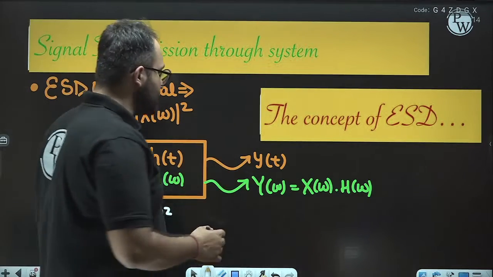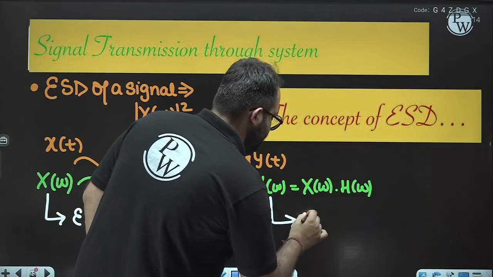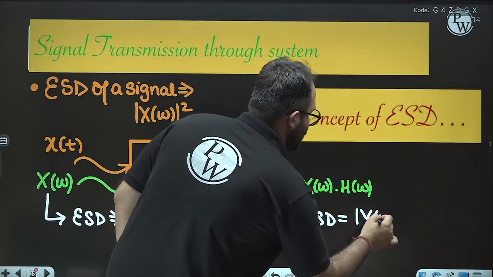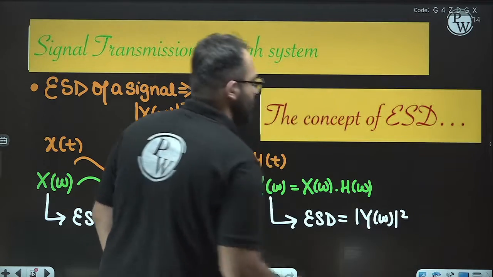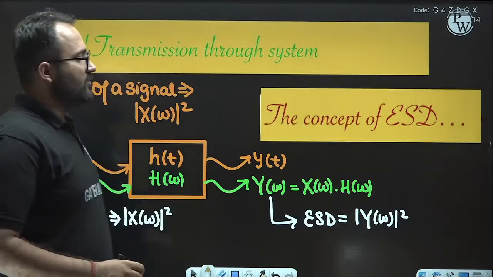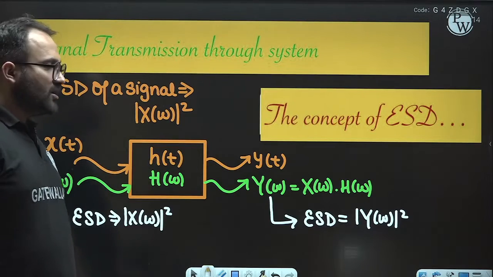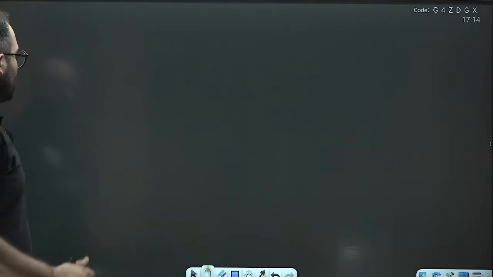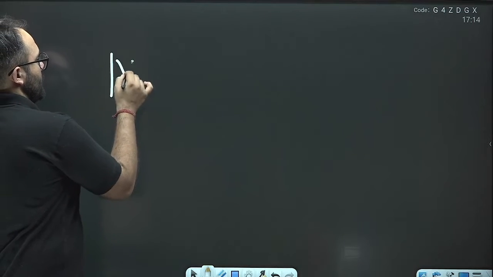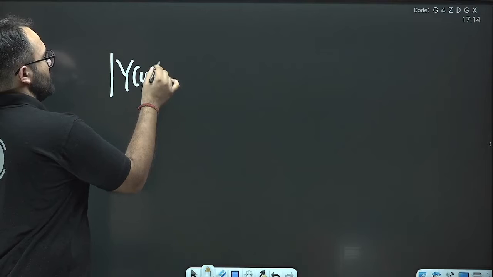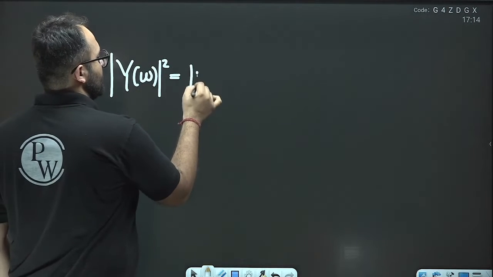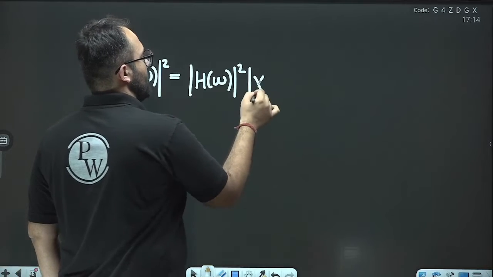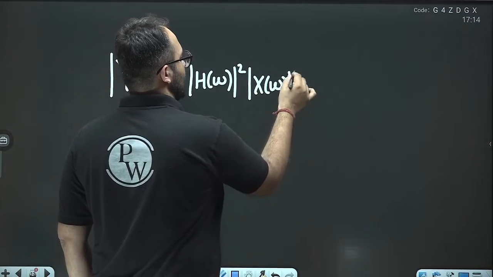The energy spectral density of output will be mod of Y omega whole square. How you write this mod of Y omega whole square, that is important. So mod of Y omega whole square is written as mod of H omega whole square into mod of X omega whole square.